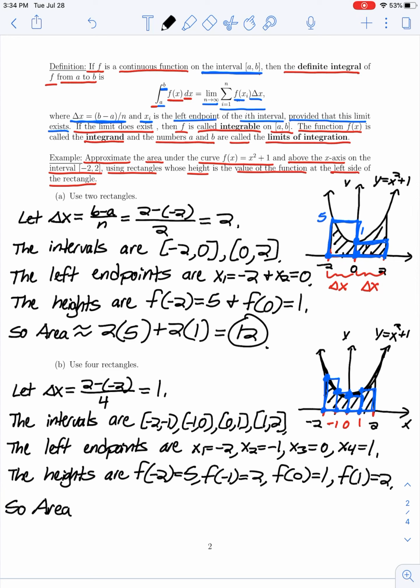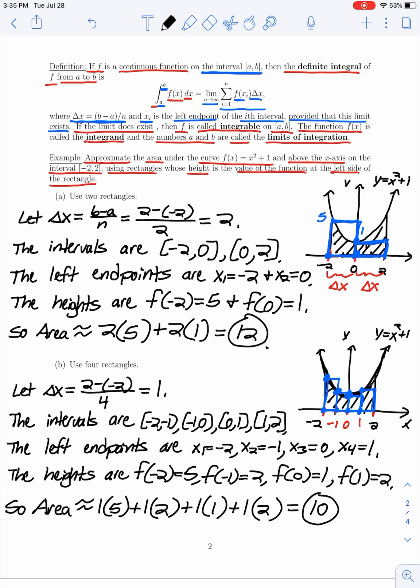So here, our approximate area will be the width of our first rectangle, which is delta x, or 1, times the height of our first rectangle, which was 5, plus the width of our second rectangle, 1, times the height, 2, plus the width of the third rectangle, 1, times the height of that rectangle, which is 1, and then plus the width of our fourth rectangle, 1, times its height, which was 2. So altogether, we have a value of 10.